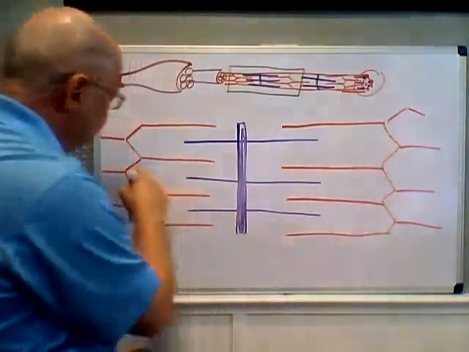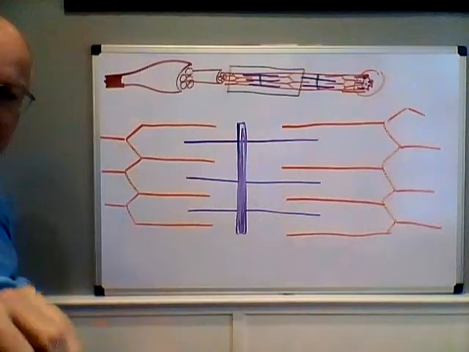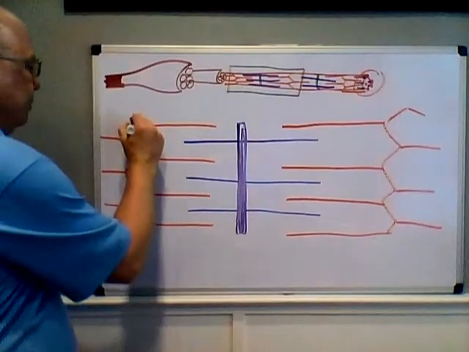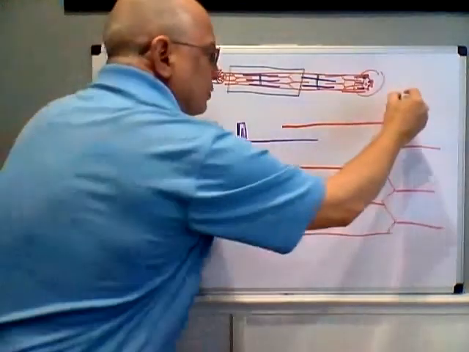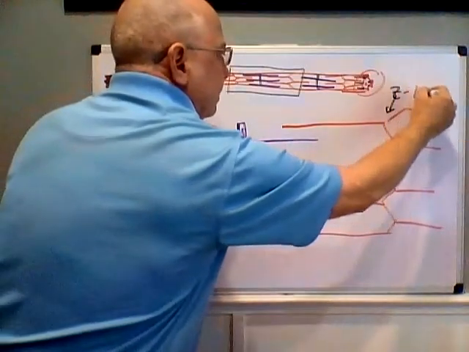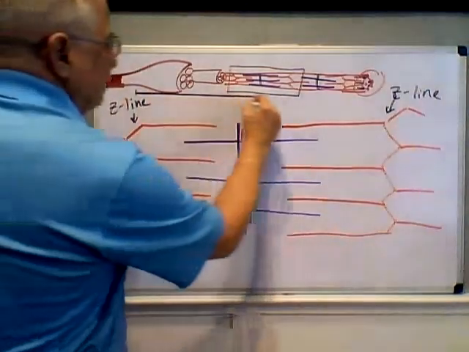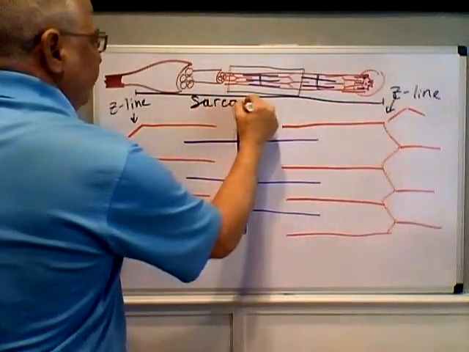This structure, these zigzag-shaped lines, get a specific name. So each one of those zigzag-shaped lines is referred to as a Z-line. So at either end, I have a Z-line. And the area that covers from Z-line to Z-line all the way across is known as a sarcomere.